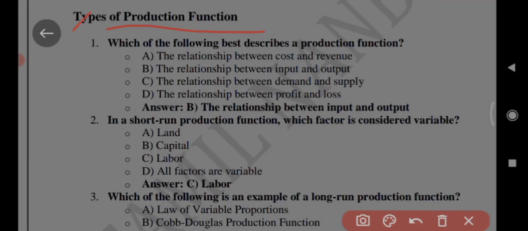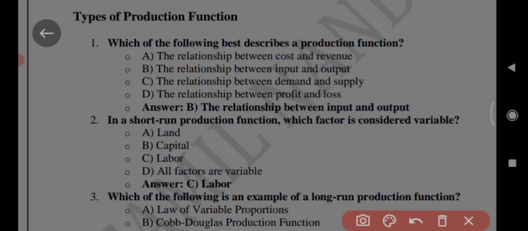Types of production function. Which of the following best describes a production function? Option B, the relationship between input and output. In a short run production function, which factor is considered variable?